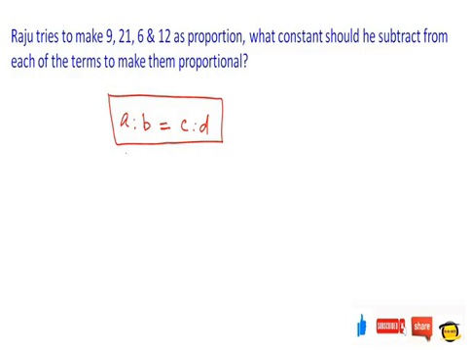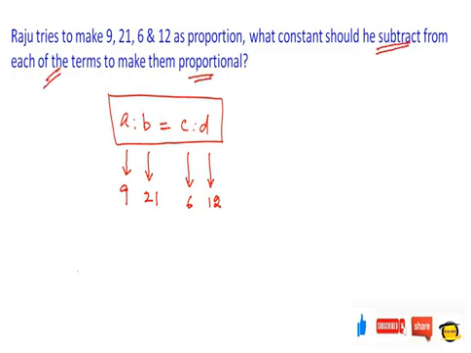And now let's assume that the first term A is equivalent to 9, the second term B is equivalent to 21, the third term C is equivalent to 6, and the fourth term D is equivalent to 12. Now let's get into the formula directly in order to find out the term which we need to subtract from each of the terms to make them proportional.